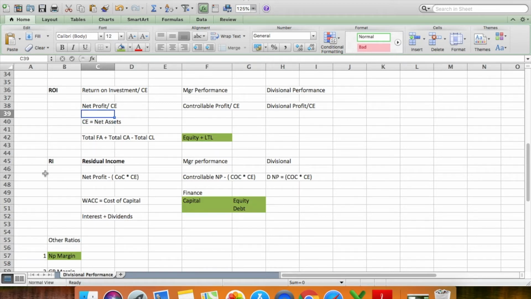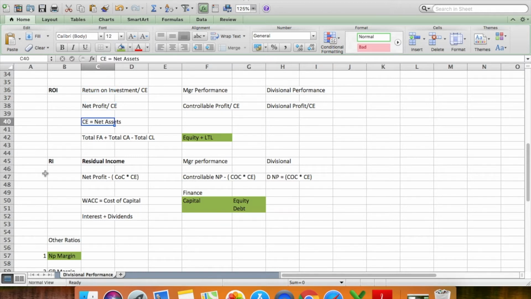So if you want to calculate the return on investment, what does return on investment actually depict? Return on investment is basically the net profit that has been generated on your asset base, on the net assets. Capital employed can also be called the capital of the company or the finances of the company.